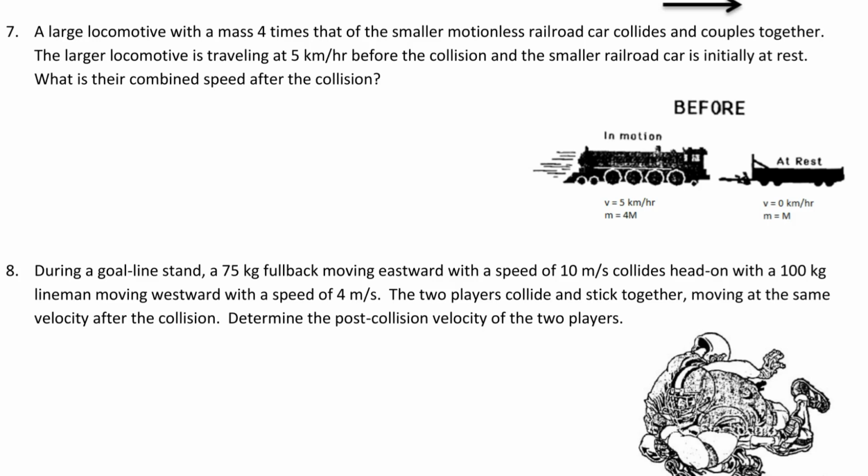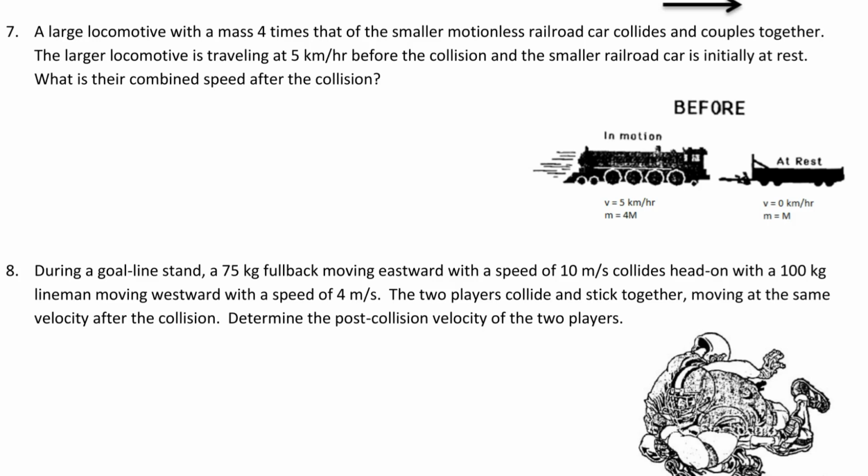Okay, this is the most requested question on the homework, so you might have skipped right to this spot. So let's write down the givens, but now it just says it's 4 times that of the smaller motionless railroad car. So they don't tell you how many kilograms it is, but they're giving you a hint of one way that you can solve for this.